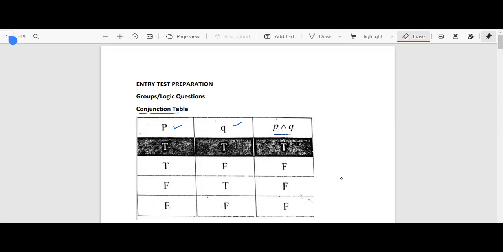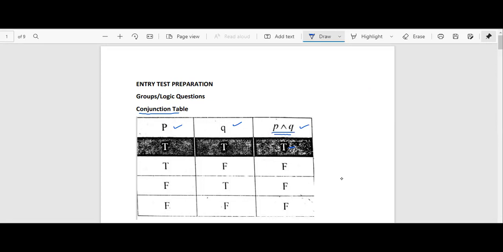All right. So now the table is saying that this statement is true whenever P and Q are true, right? So P and Q are two conditions, two statements. It could be anything. And then we have this third statement, right?